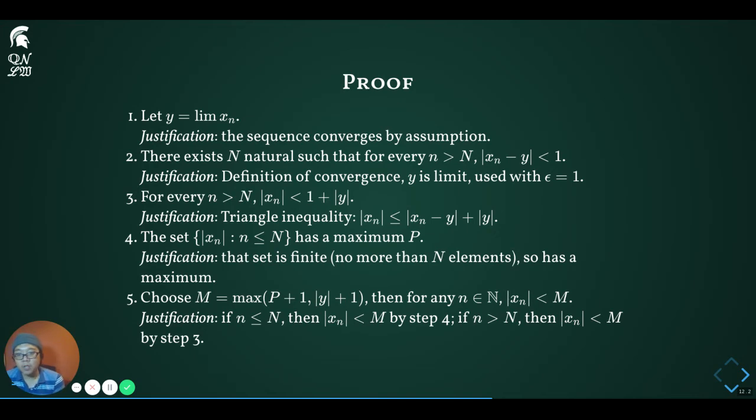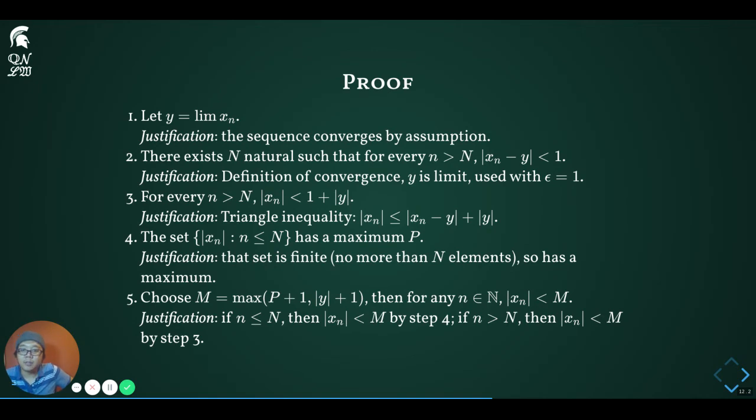We still have the terms before the Nth term to deal with. Luckily, no matter how big capital N is, there are no more than N different values outputted by x sub 1 through x sub big N. So, the set of their absolute values is a finite set of numbers, which we've already learned must have a maximum.